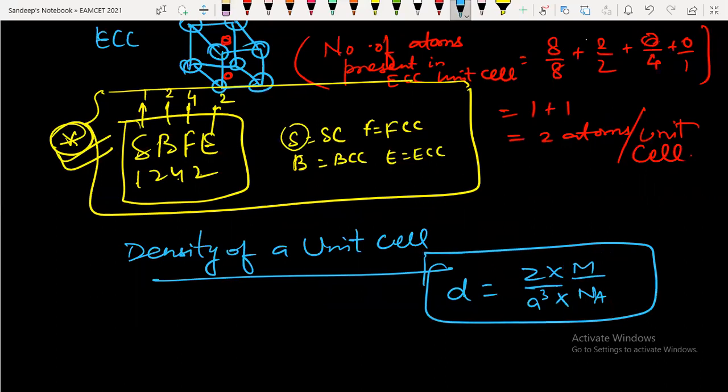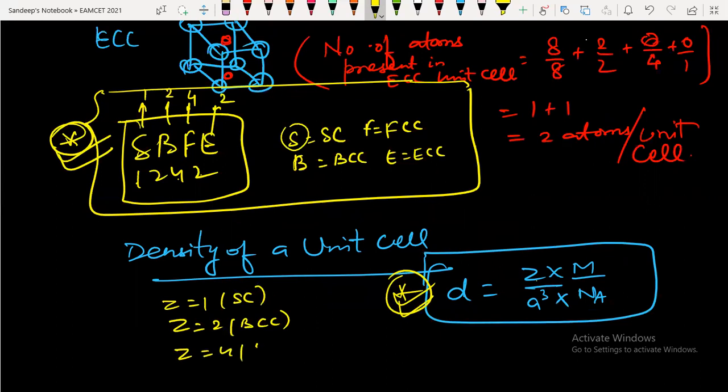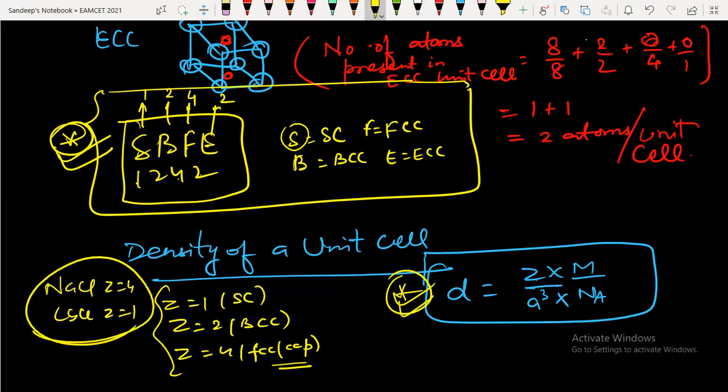This is a very, very important formula. Z is 1 for simple cubic, Z is 2 for BCC, Z is 4 for FCC or CCP. And for NaCl or cesium chloride, use Z equal to 4 and Z equal to 1 respectively.